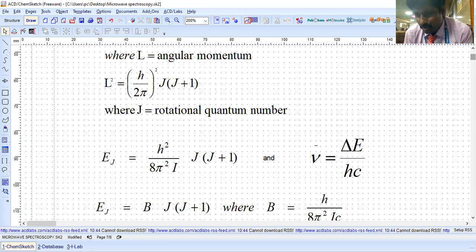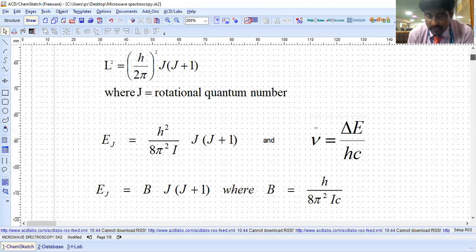Normally, the energy of the rotational level we express in wave number. In order to express this energy in wave number, we divide this equation by hc. If we divide by hc, what happens? H will get cancelled, and h by 8 pi square Ic will remain. That is the energy level in wave number.